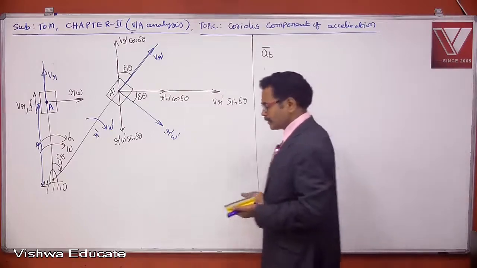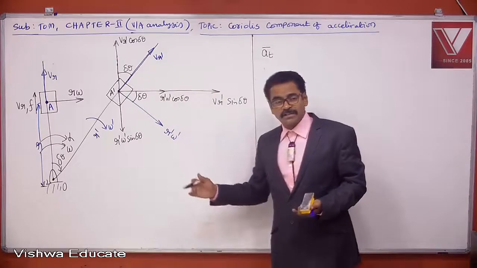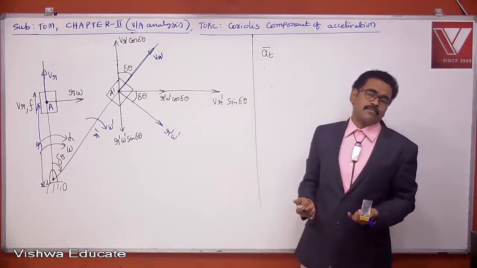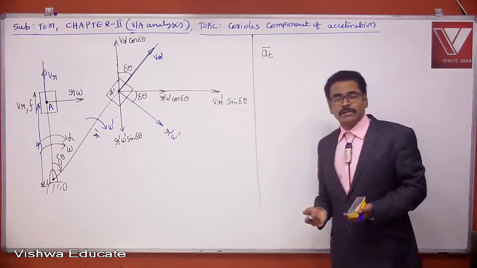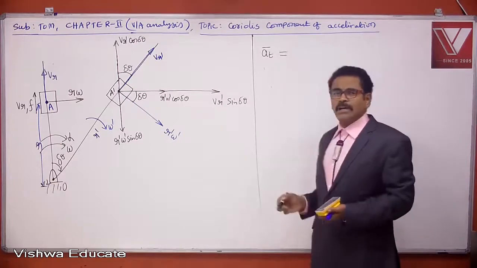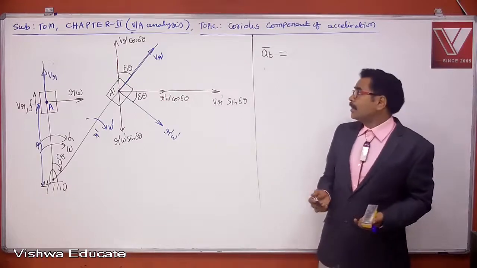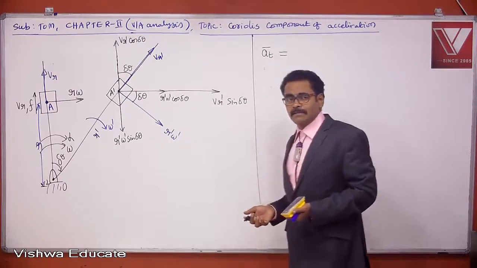Actually, tangential acceleration is equal to r into alpha. In this case, we are going to get something extra, r alpha plus something. That additional quantity is called the Coriolis component of acceleration. That is why I am using this term, total tangential acceleration. This is equal to the rate of change of tangential velocity. The rate of change of tangential velocity is called tangential acceleration.